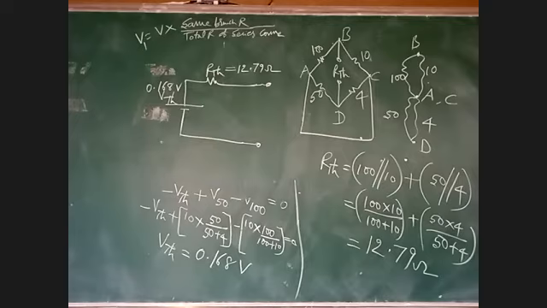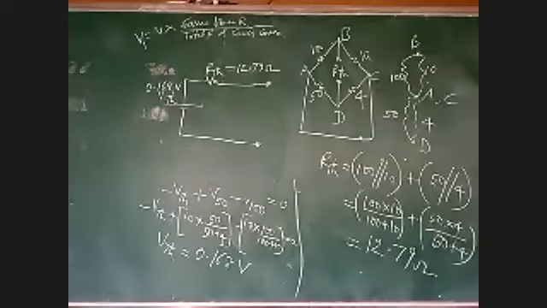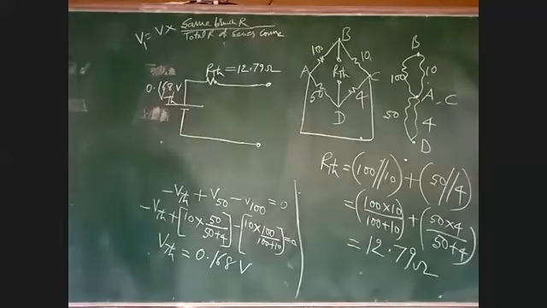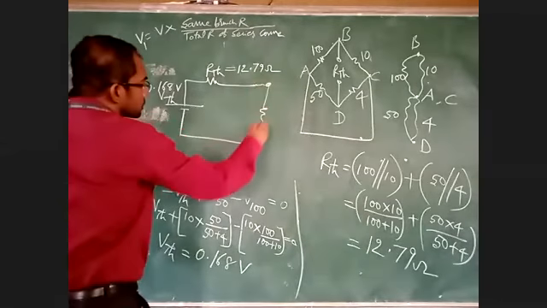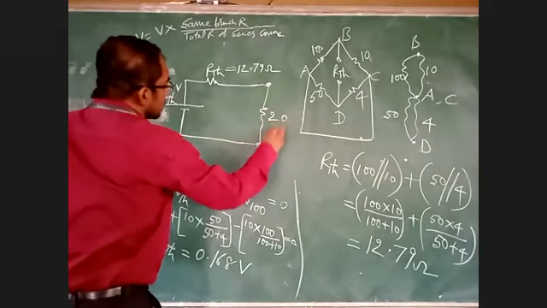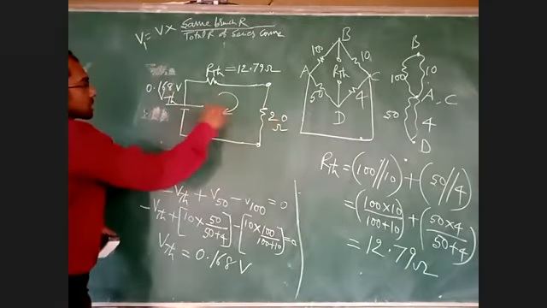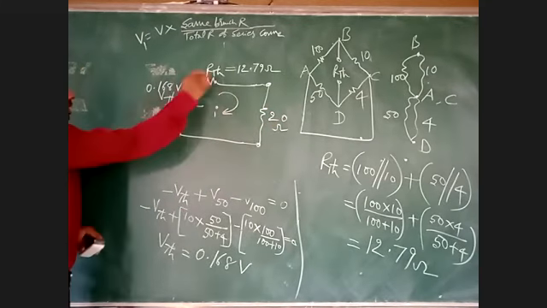Now, in the problem, what is he asking us to determine? Read the problem. Current in the galvanometer having resistance 20 ohms. We have removed the 20 ohms. That 20 ohms has to be connected here. Now we will determine the current in 20 ohms. All are in series.